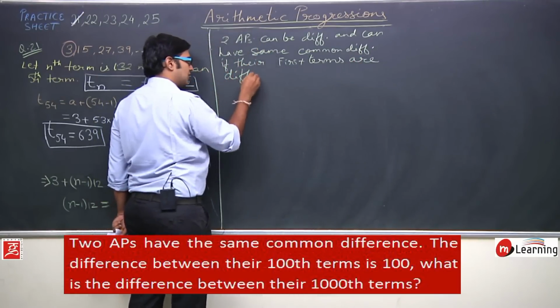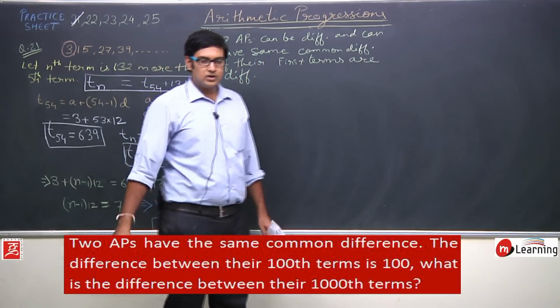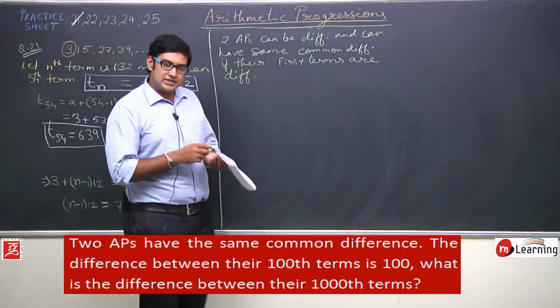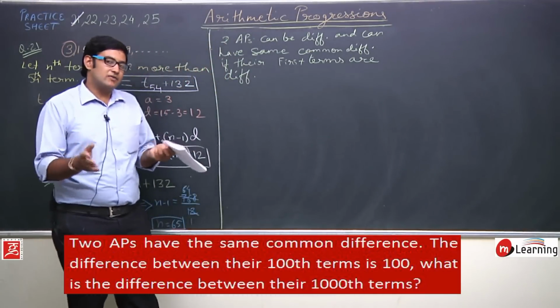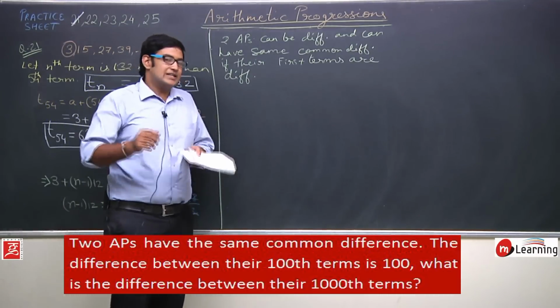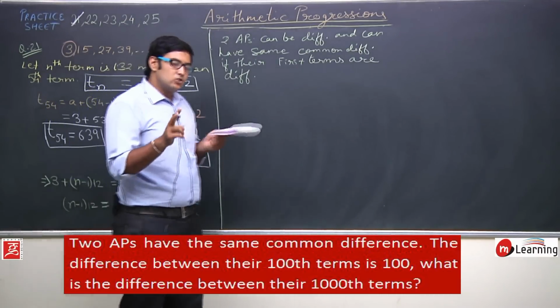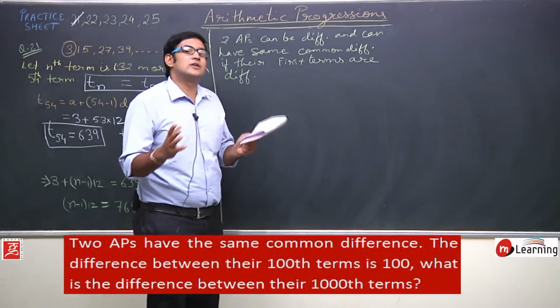Okay, if their first terms are different. So let us assume two different APs with the same common difference. That is only possible if the two APs have different first terms.